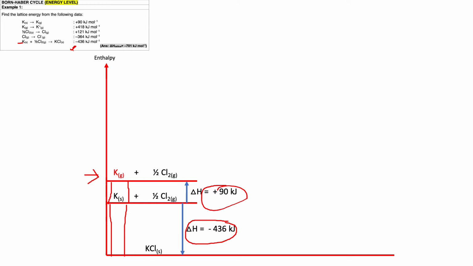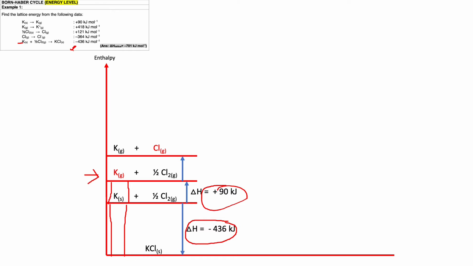Let's proceed with the third one, which is enthalpy of atomization for chlorine. The enthalpy of atomization for chlorine is in the third equation. Now, it involves 121 kilojoule per mole, and it is absorbing heat. So we are going to draw it like this.